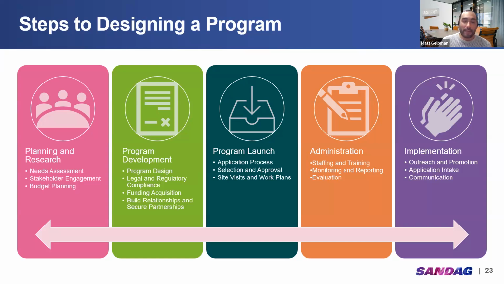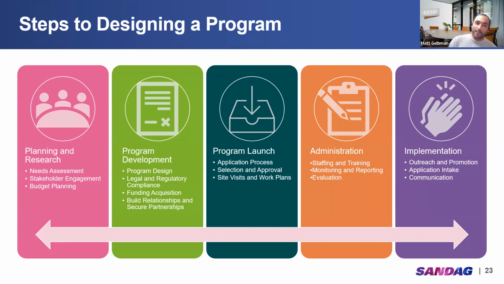And then from there is the ongoing administration, including staffing or doing any training needed to ensure compliance with the funding sources and your program overall, conducting monitoring and reporting on the program's impact, and evaluating that impact to see how it's making a difference.